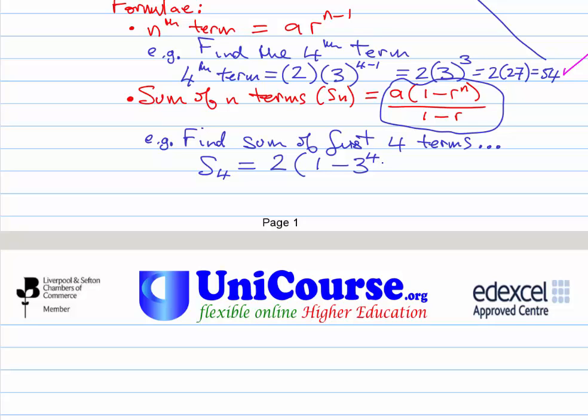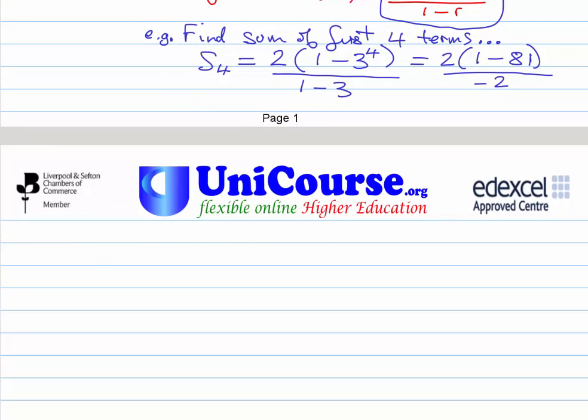So 1 minus 3 to the 4, over 1 minus R, so 1 minus 3. And this simplifies to 2 lots of 1 minus 3 to the 4. So 3 by 3 by 3 by 3, which sounds a bit like 81. And that all sits over 1 minus 3, of course, is minus 2.